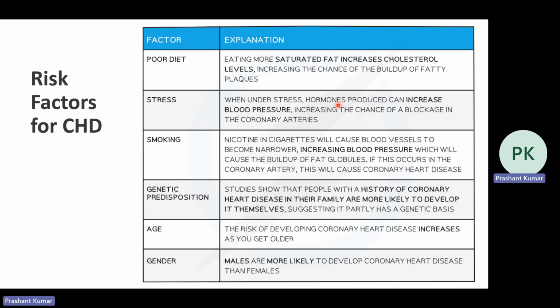There are some risk factors for CHD, like a poor diet: eating junk food and more saturated fat. Saturated fats are solid at room temperature and they always increase cholesterol. Stress: when under stress, hormone production can change, and hormones can increase the blood pressure, which increases the chance of blockage in the coronary artery.